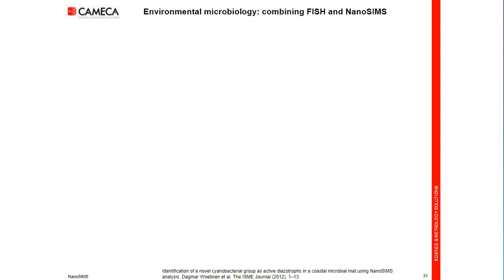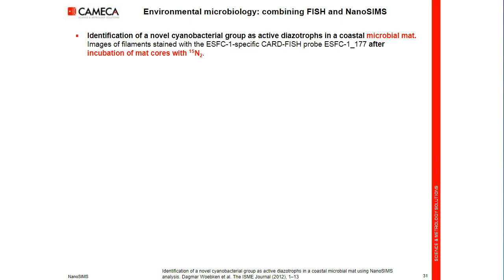It's about the identification of a cyanobacterial group in a microbial mat. So the strategy was to incubate this mat with gas of nitrogen-15 and see where it could be fixed in the different cells in the field.